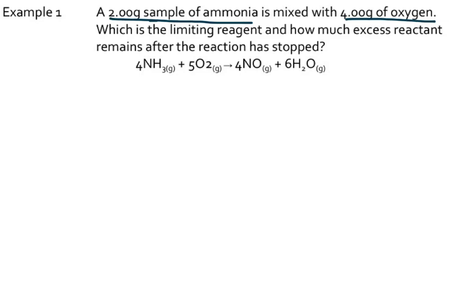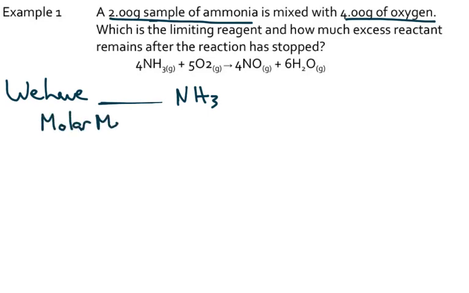So we can figure out how many moles, I'm just going to leave a blank because we don't know, of ammonia, which is NH3. To find that, well, we have mass, 2 grams. We need to convert that into moles. To do that, we need the molar mass.